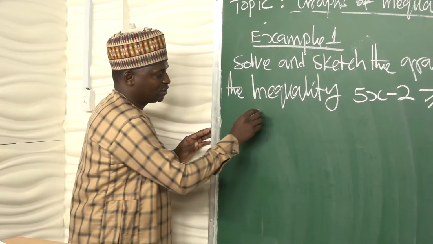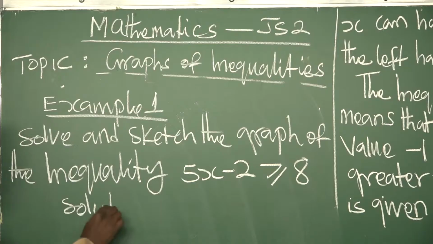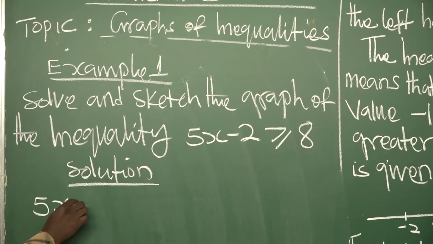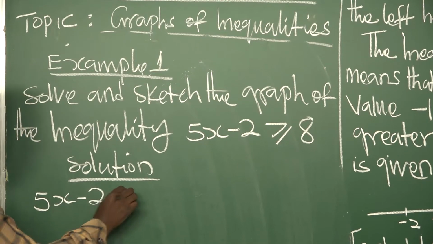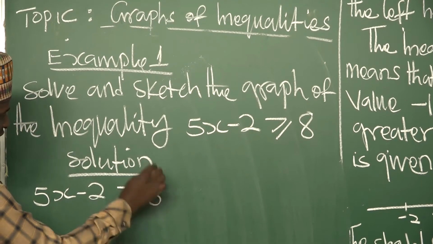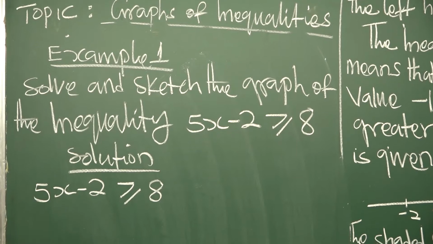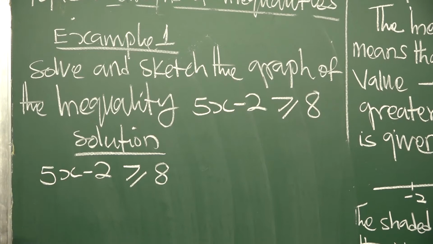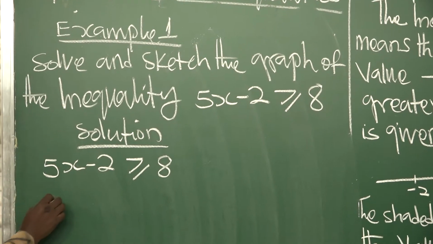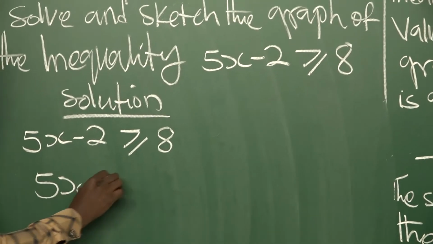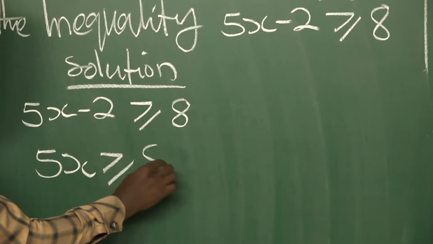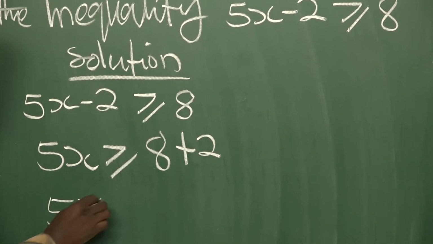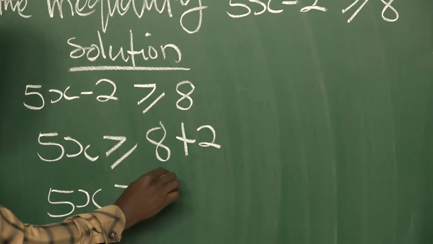So in our solution today, we have 5x minus 2 is greater than or equal to 8. Well, I am not going to waste time here because we have done that. It is expected that you should be able to solve. Now we have 5x greater than or equal to 8 plus 2. 5x is now greater than or equal to 10.